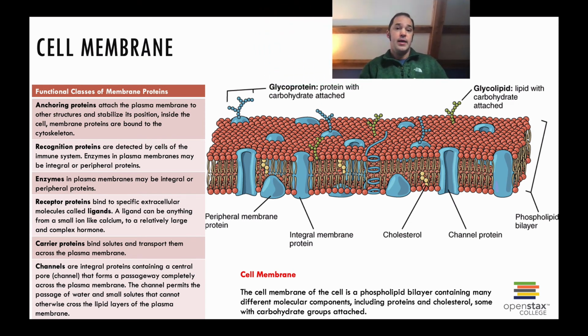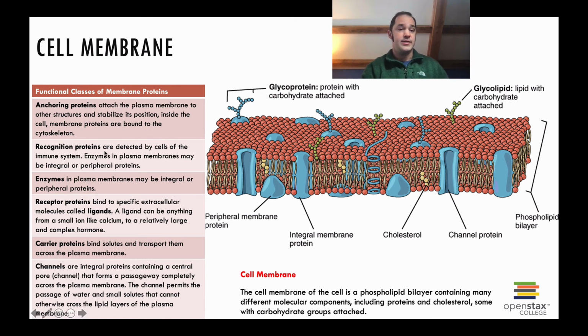Now, the cell membrane is not just phospholipids, not just a phospholipid bilayer. There are proteins, and by weight, cell membrane is roughly 50% protein and 50% phospholipids. And you can see there's lots of different kinds of proteins embedded or stuck to this membrane.